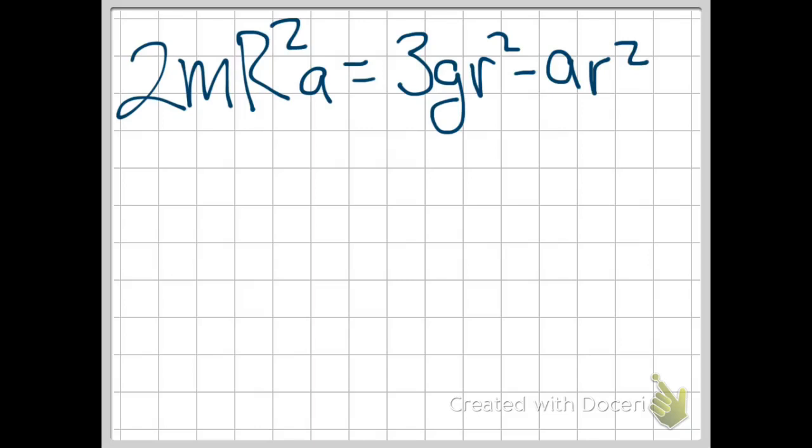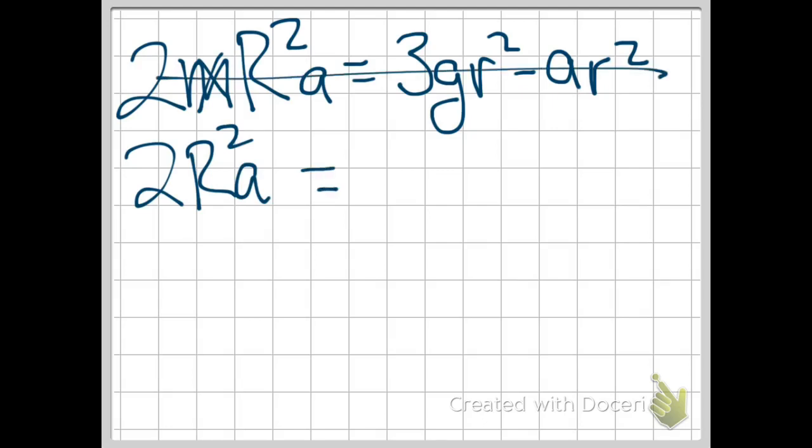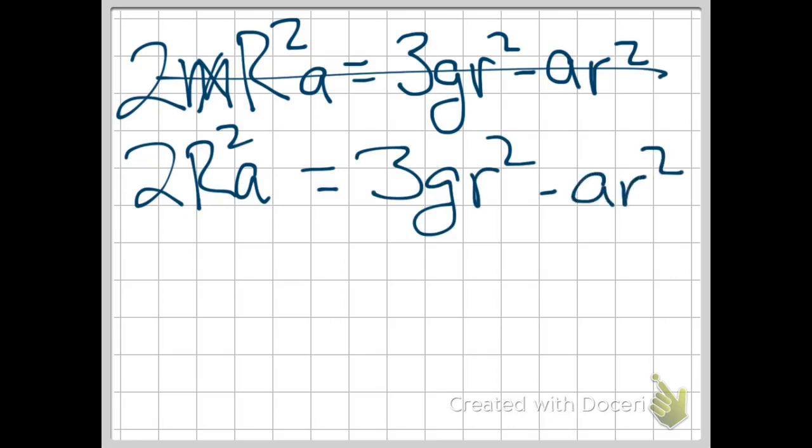So now we can start solving for a. Actually, the m doesn't belong, does it? Sorry, my bad. Cross that out. It's 2R squared a equals 3g r squared minus a r squared.